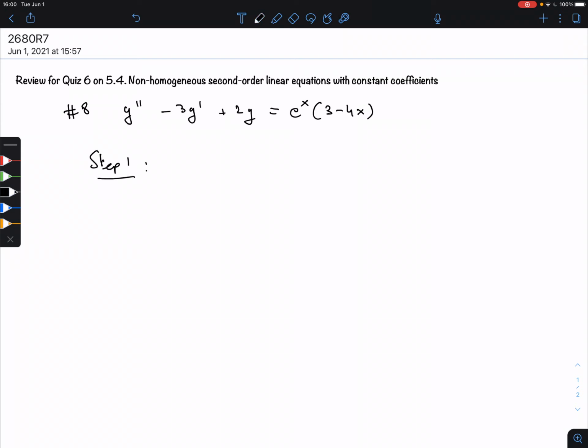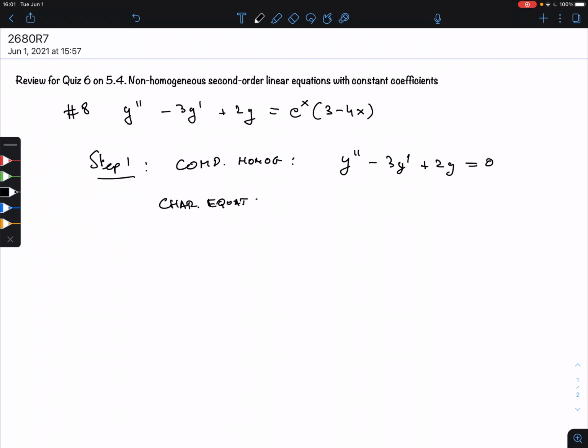Step 1 is we have to solve the complementary homogeneous one. That is y double prime minus 3y prime plus 2y equals 0. With constant coefficients, we know that we use the characteristic equation.